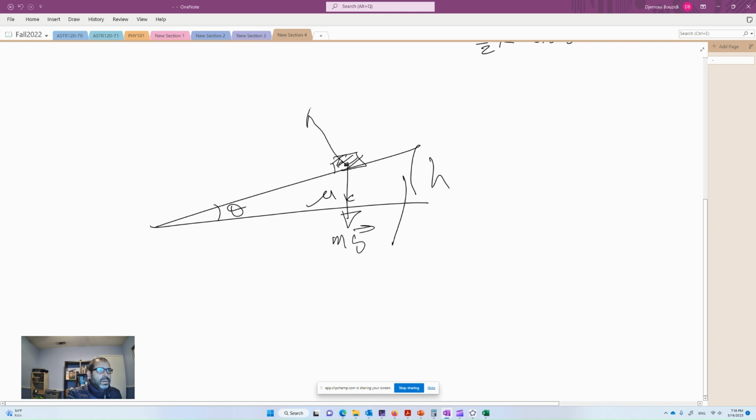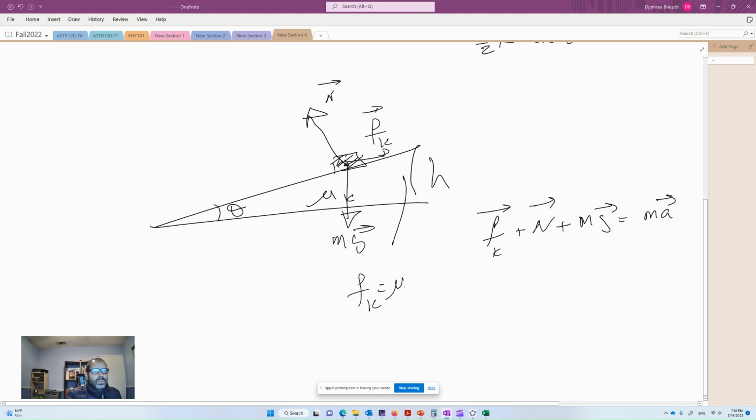This is the normal n, and this is the force of friction, and it's kinetic friction because it's moving. So F equals ma means that the force of friction plus the normal plus mg must be equal to ma. And in this situation, because it's moving, Fk in magnitude is equal to mu k n.